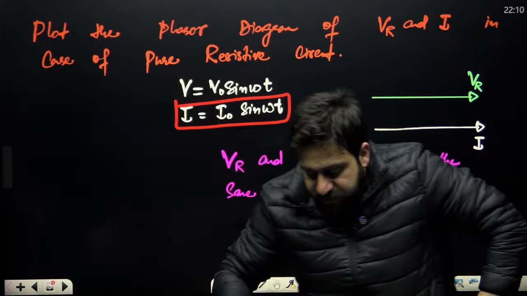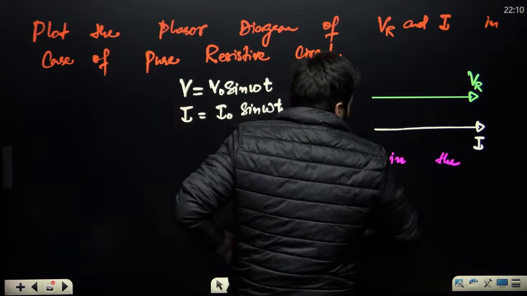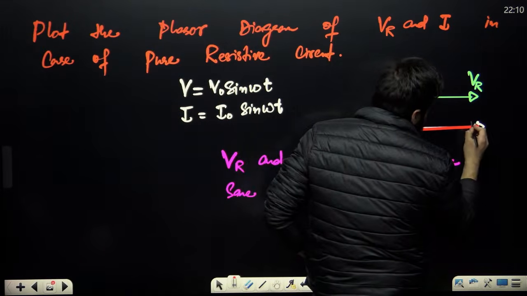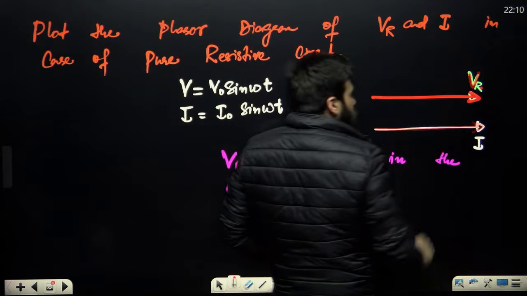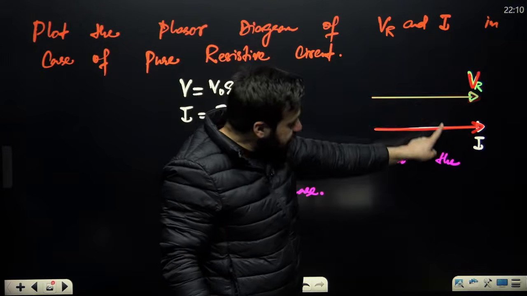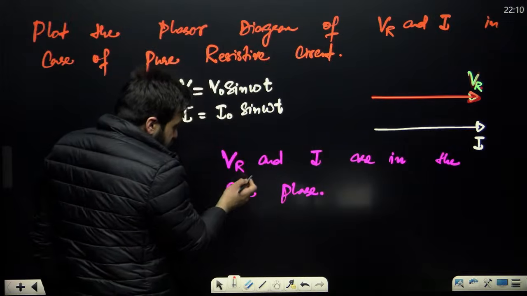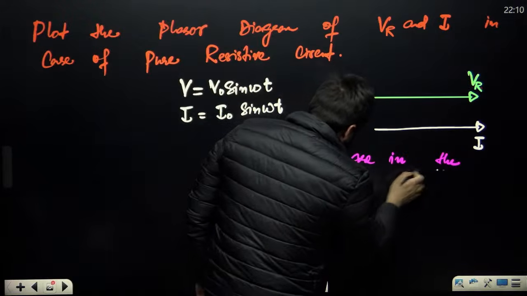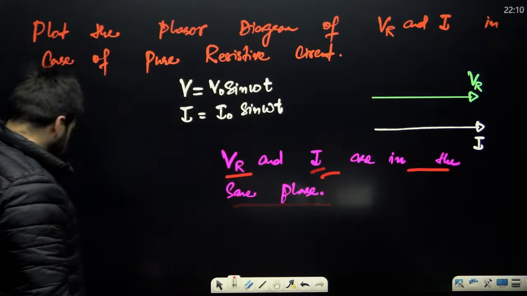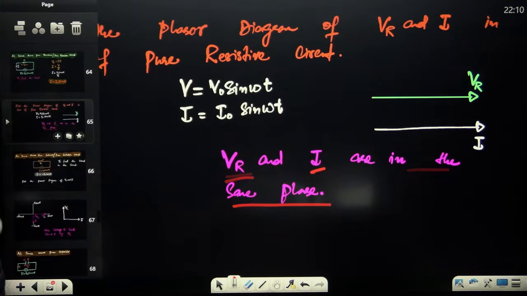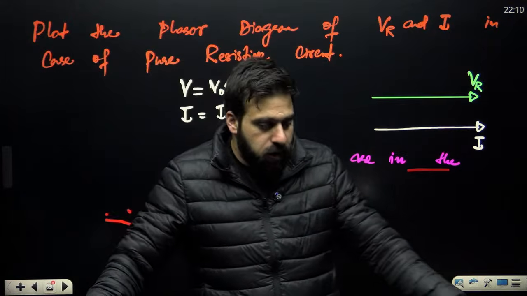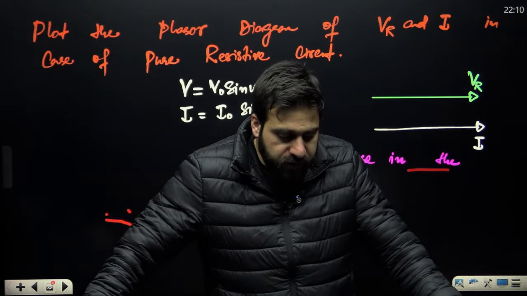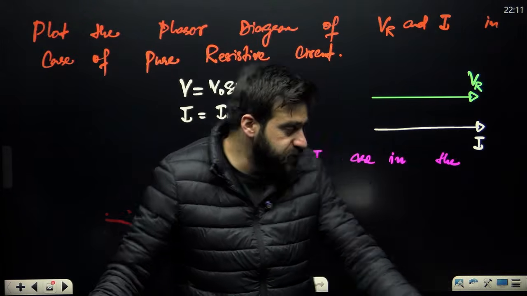Don't you think that in this particular case, on the phasor diagram, this current will be along plus X and voltage will be along plus X. So we say voltage and current will be in the same direction. What does it mean? It means voltage and current are in the same phase. In case of pure resistive circuit, we say voltage and current are in the same phase.